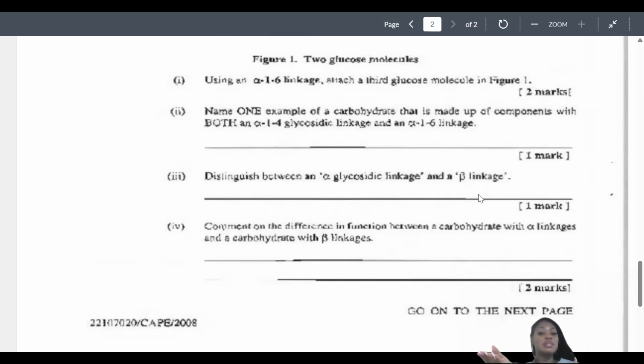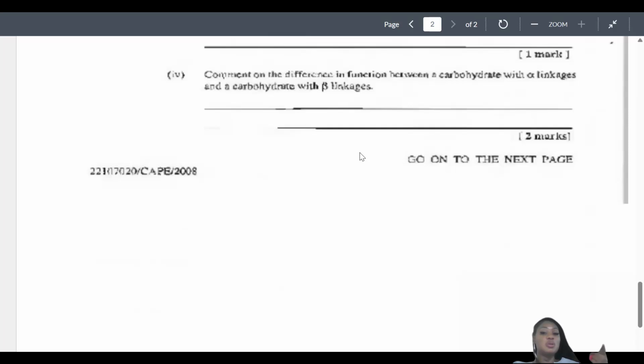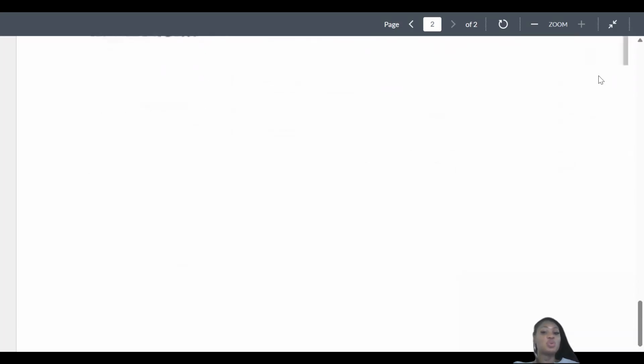The beta glycosidic bond would be found below the plane of the ring. The alpha glycosidic bond would be found above the ring. Also, comment on the difference in function between the carbohydrates with the alpha linkage and those with the beta. The ones with the alpha linkages tend to be used for storage of glucose in the cell, right? So they are mostly for glucose storage, but the ones with the beta linkage are more for structural support.